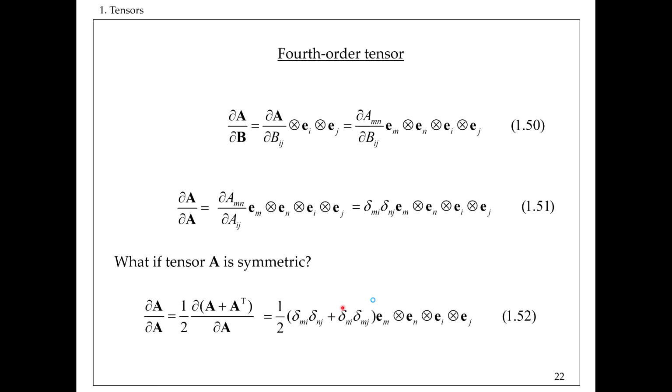Basically, again, the first part is exactly the same, with the factor half here, so we take the derivative of a with respect to a, and of course we will get exactly the same by the same logic as here. This term is coming from the derivative of a transpose with respect to a, and that came here with the transposition of m and n, so that was our definition for the transposition.